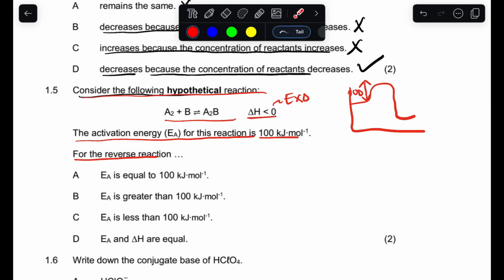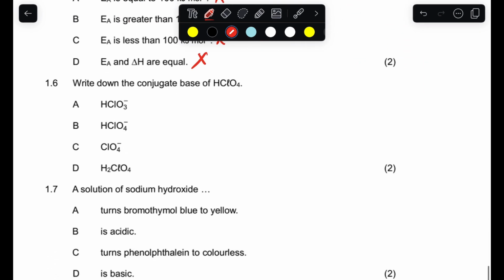So we're looking for an activation energy that is greater. Is it going to be equal to 100? You can see these activation energies are not equal. The activation energy is going to be greater than 100, right? And then this is going to be wrong and this is going to be wrong. So the answer is 1.5 there.